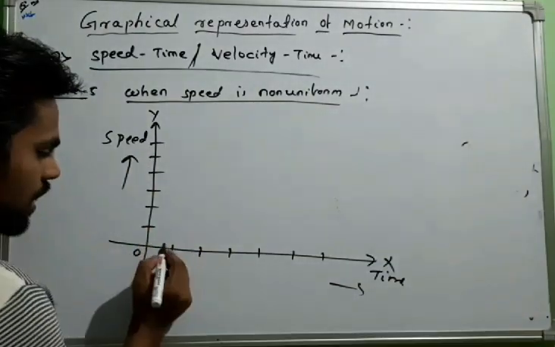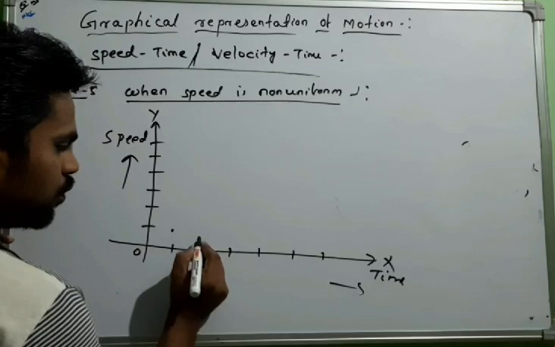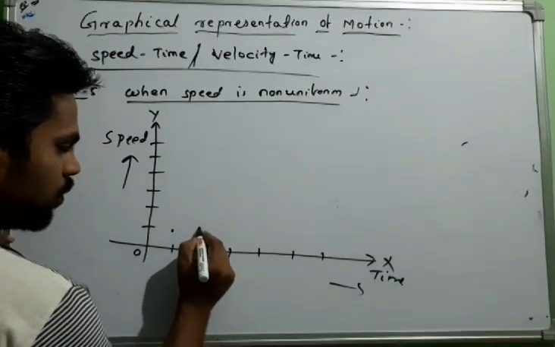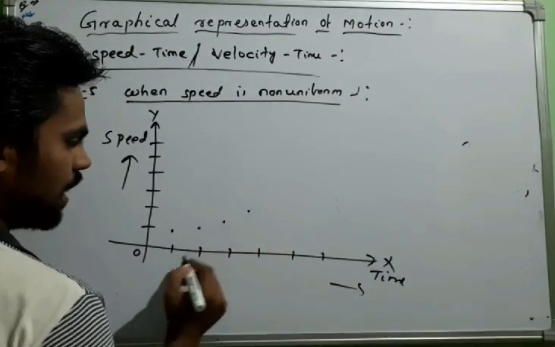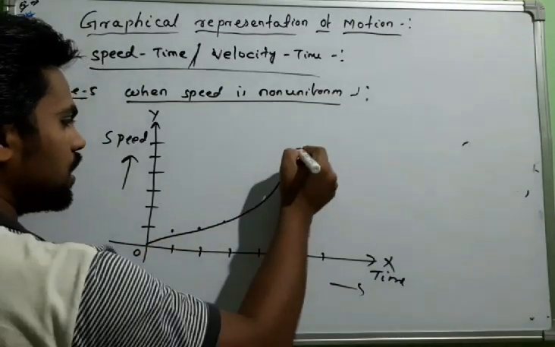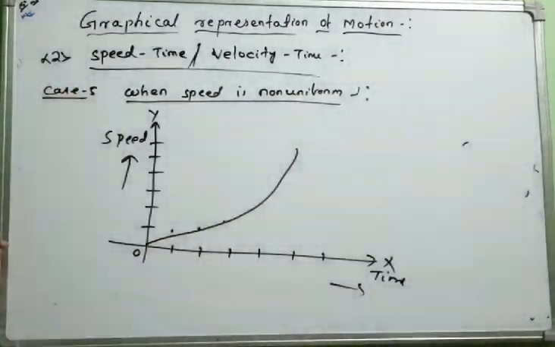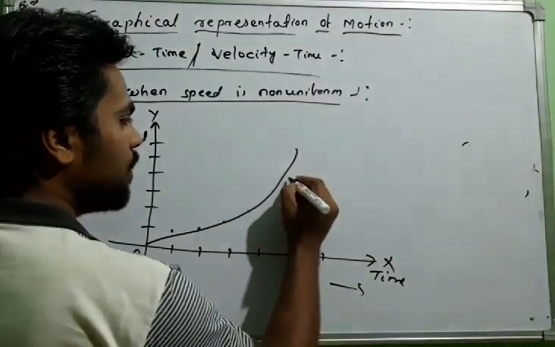Clear? So at 1 second, it is 1 meter per second. At 2 seconds, 1.5. At 3 seconds, this is 2, and then 4, like this. Now the graph is looking like this. This is called a curved line graph.